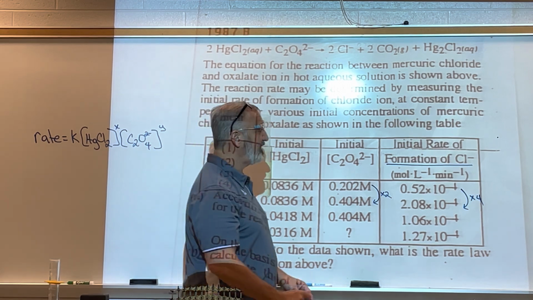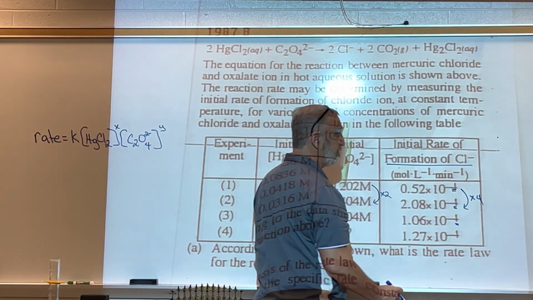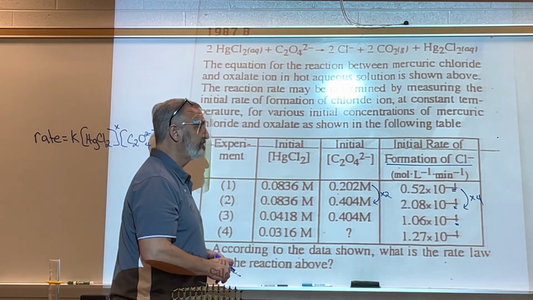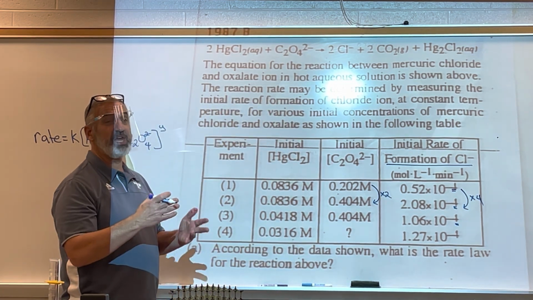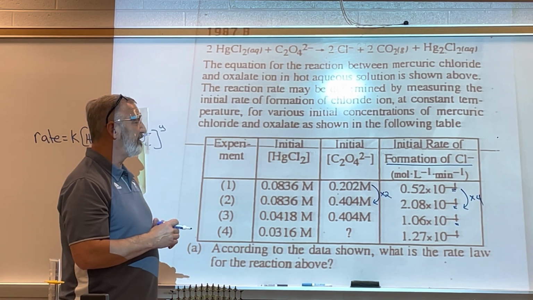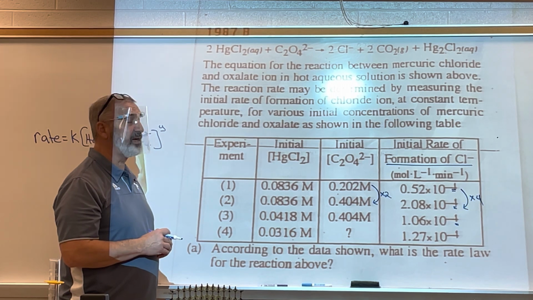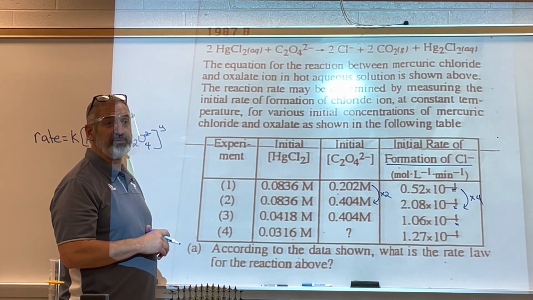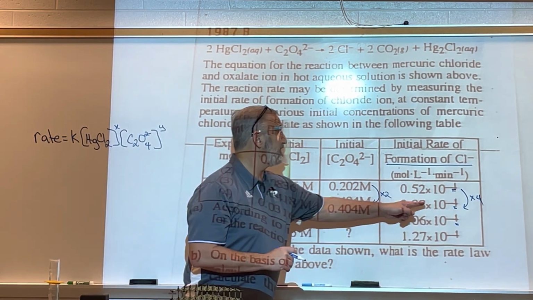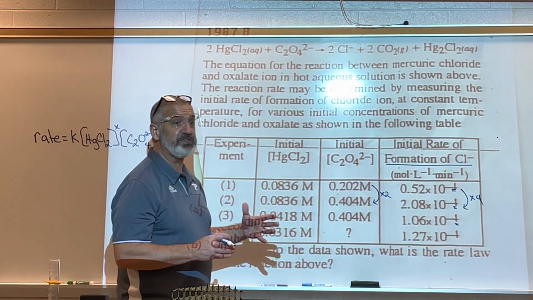Now, y'all, when they give you the exponents, always make sure you pay attention to what that exponent is, because if they change, then it messes up trying to figure that out. Now, just intuitively, what do we think the power is on the oxalate, based on what we've done already? It's going to be a 2, right? Because this is 2 times of that. But you have to show your work. You can't just say that.